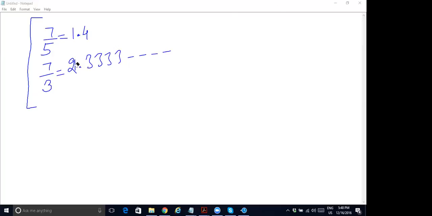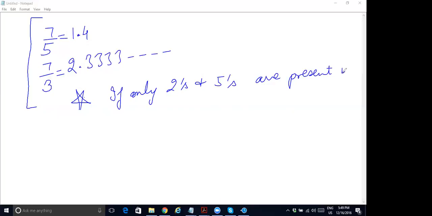I actually don't know. Okay. The rule says if only twos and fives are present in the denominator, then you get a terminating decimal.